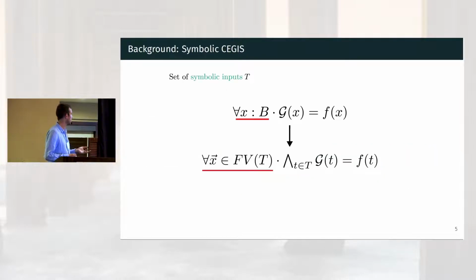This approximation consists in selecting a set of symbolic inputs T, and instead of quantifying over all inputs of type B, we're quantifying over all the free variables in these terms in the set of symbolic inputs. If those variables are, for example, of type integer, then we'll have quantifications over integers, and we can solve for this problem.